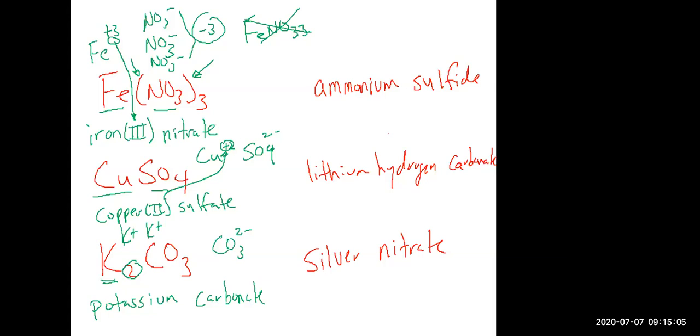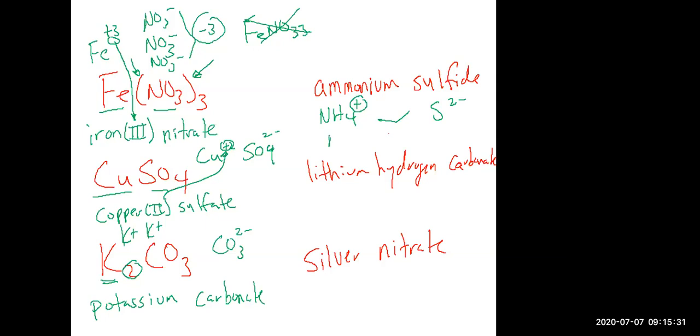Okay. Now, going the other way, when we have the name, we just want to get the parts and put it together correctly. Really, with polyatomic ions, they are really ionic compounds. So ammonium is NH4+. Sulfide, which is group 6, is 2-. So again, when we put this together, we actually need more of the NH4+.